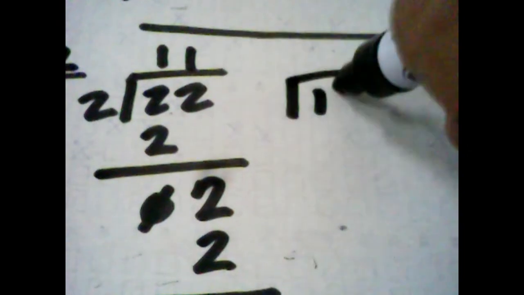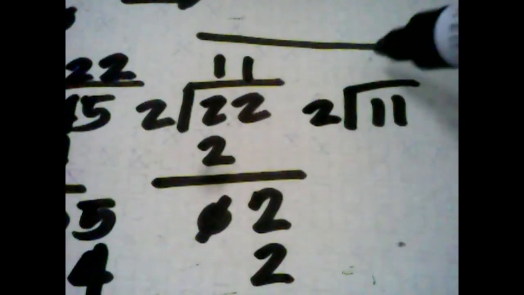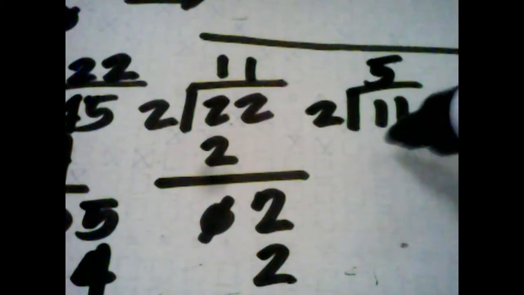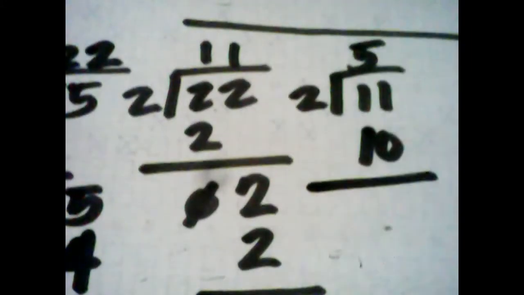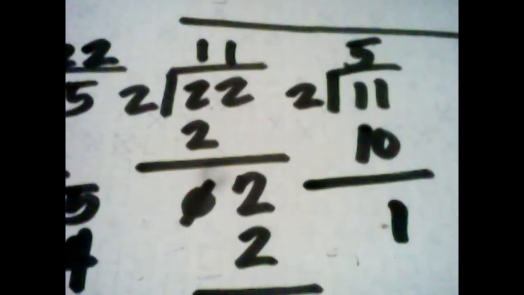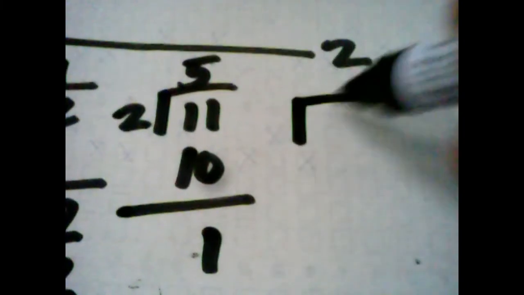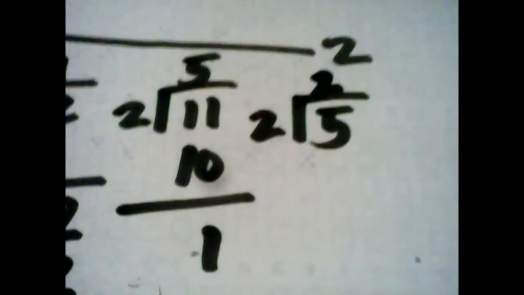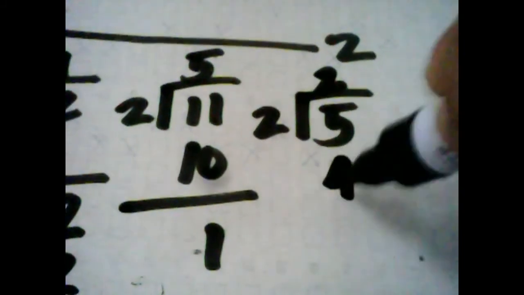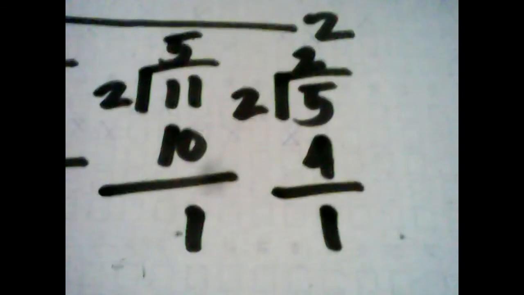Okay, we proceed. 11 will be divided again by 2. So we have 5. And then we have a product of 10 and a difference of 1. So we proceed. We divide 5 by 2. So we have a quotient of 2, a product of 4, and a difference of 1.